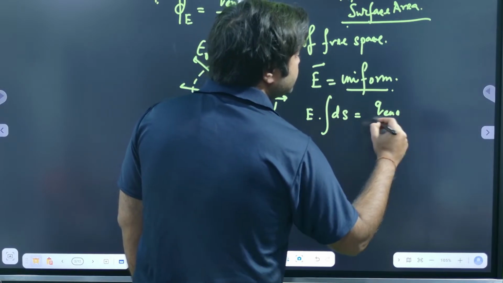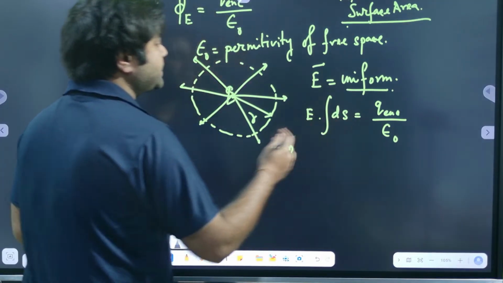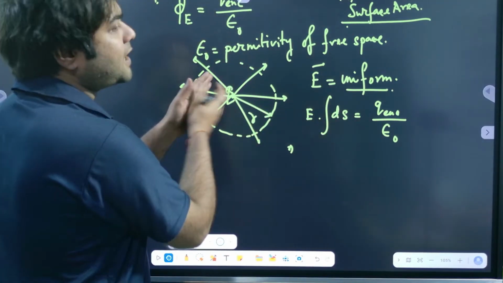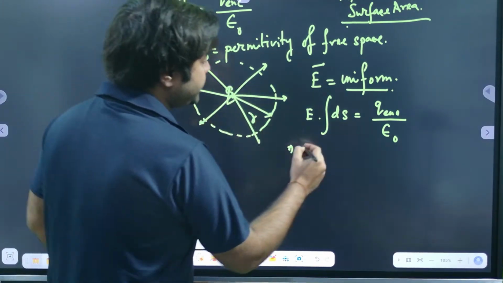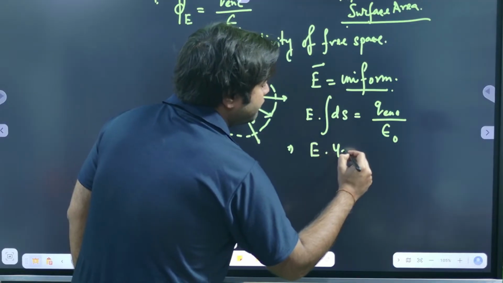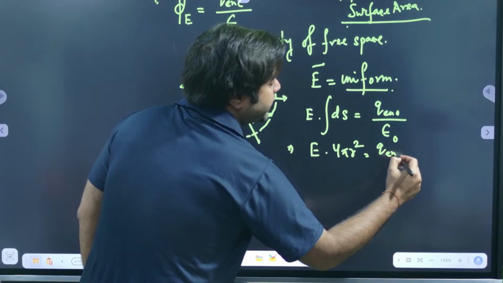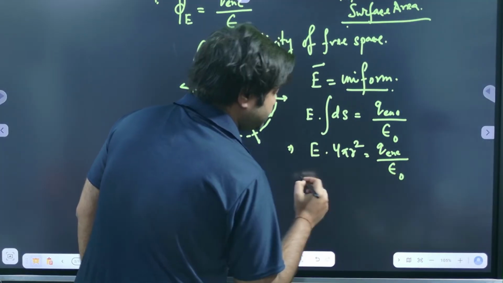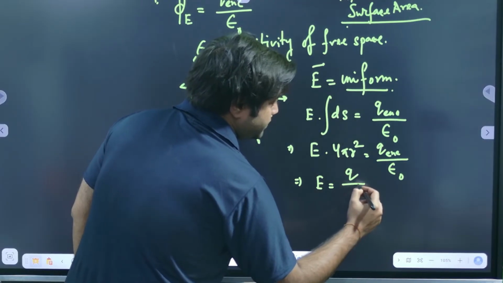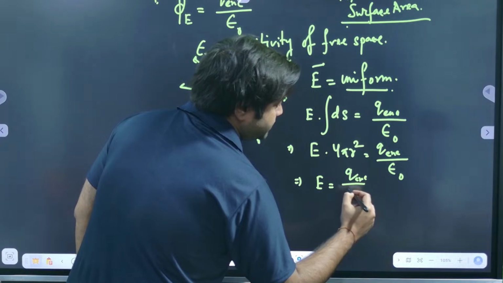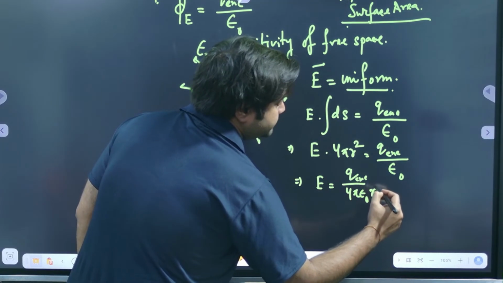That is Q enclosed by epsilon naught, where the integration of ds is the total surface area of the sphere of radius r, which becomes 4 pi r square. So E becomes Q enclosed divided by 4 pi epsilon naught r square.